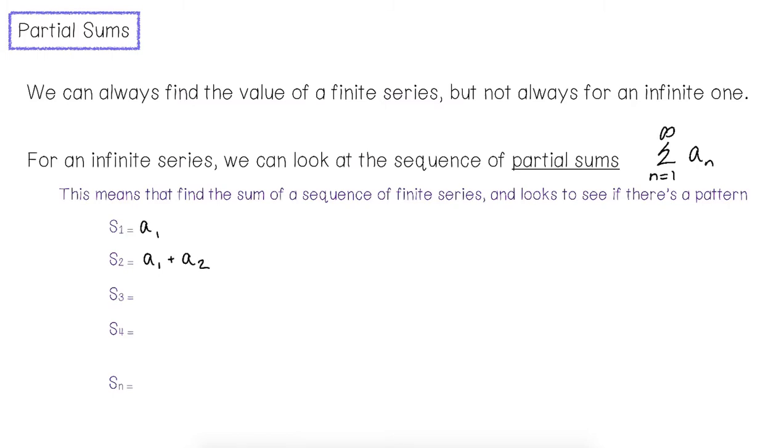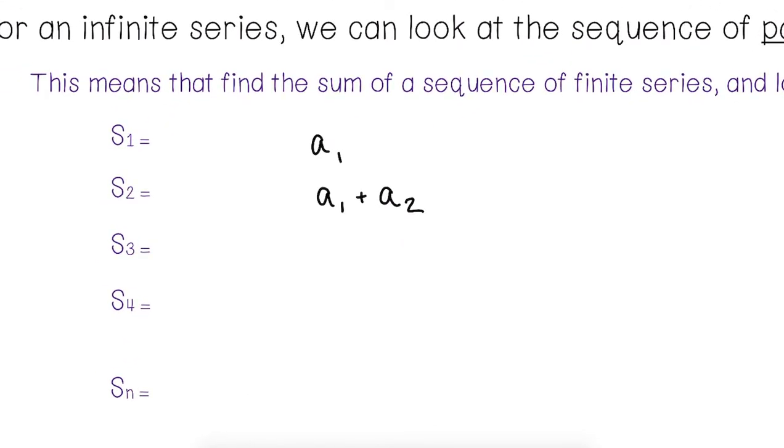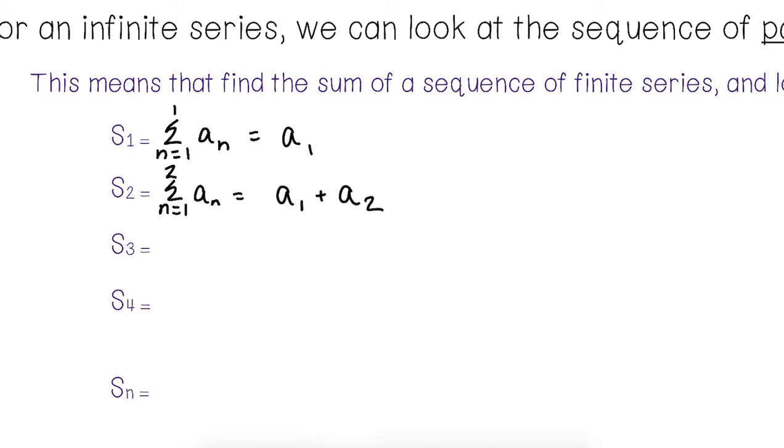Let's connect this back to our summation notation. S1 is the sum from n equaling 1 to 1 of a sub n, and that's going to equal a sub 1. S2 is the sum from n equaling 1 to 2 of a sub n, and that's going to equal a sub 1 plus a sub 2.